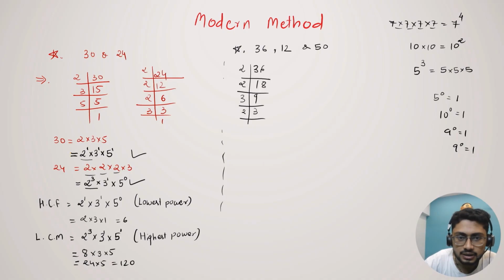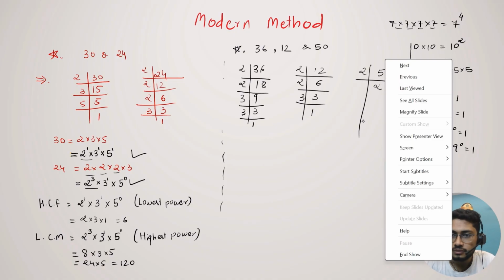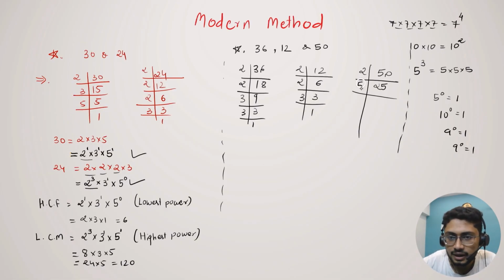For 12: 2 sixes are 12, 2 threes are 6, 3 ones are 3. And for 50: 2 twos are 4, 2 fives are 10, then 5 fives are 25, 5 ones are 5.